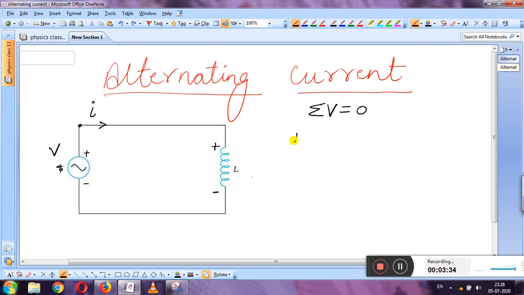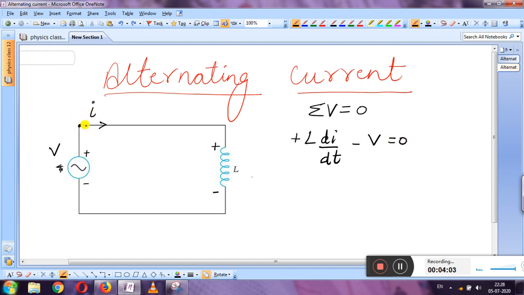So plus potential difference across the inductor, which will be equal to the induced EMF, that means L di by dt. After that you move to this side and you get the alternating potential difference source with negative sign. So minus V, and after that you can write equal to 0.